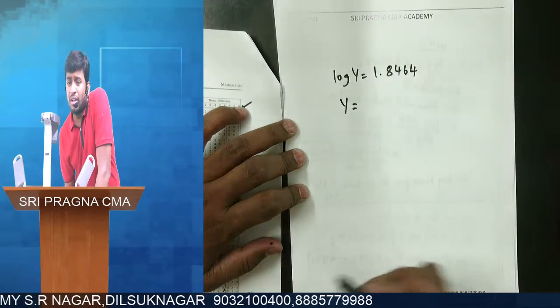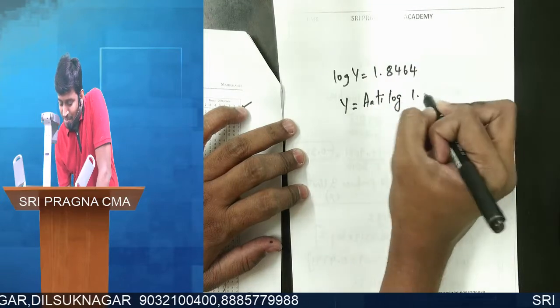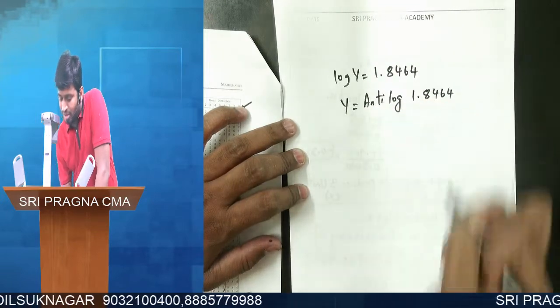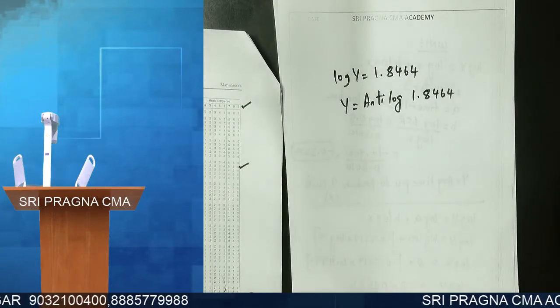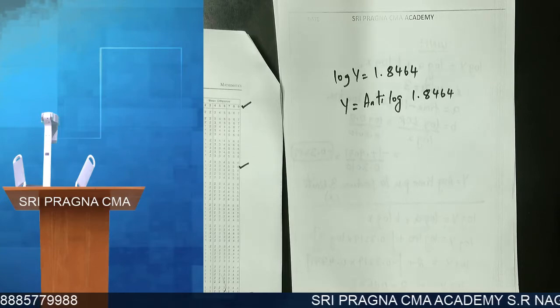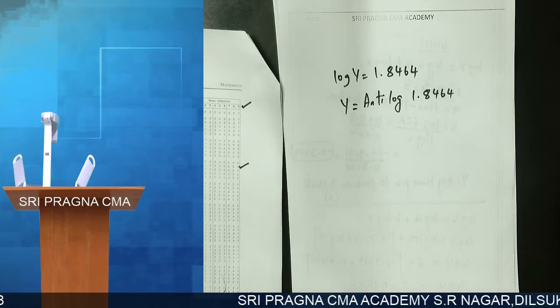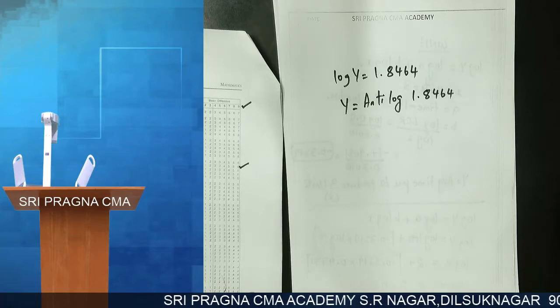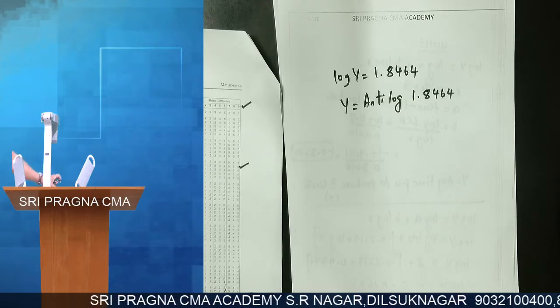Antilog 1.8464. Am I clear? In the antilog table, we will only check the decimal value.